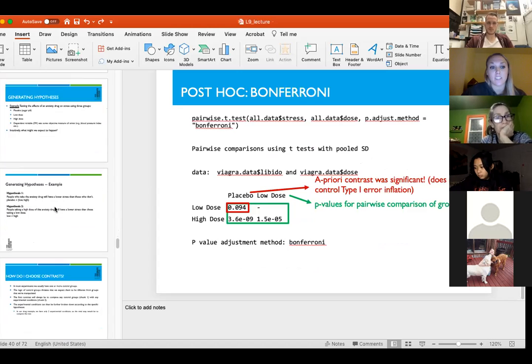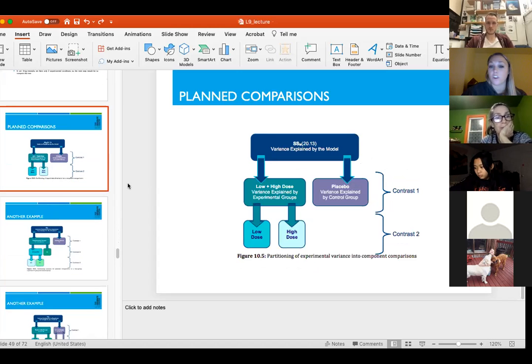So that's the downside. If you do these contrasts, you're never actually testing high versus placebo, or low versus placebo. You're testing the average of these two. So you have to really go in with a very clear hypothesis of what you think is going to happen, and that's what you test. From a statistical perspective, this is good.